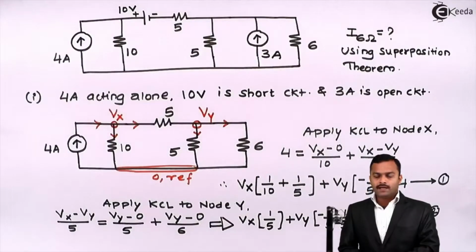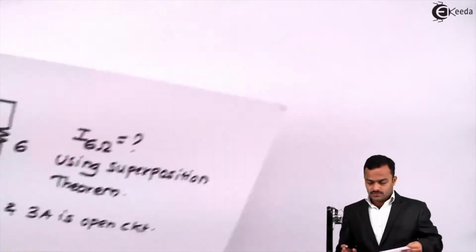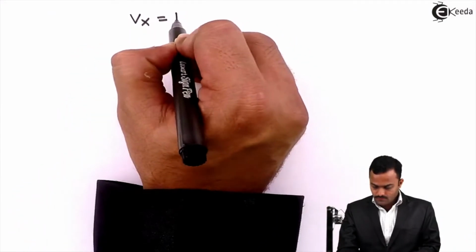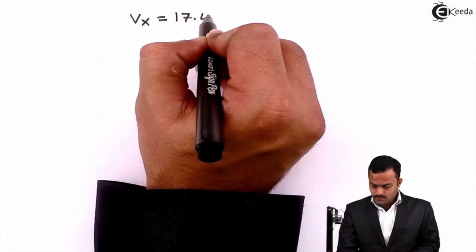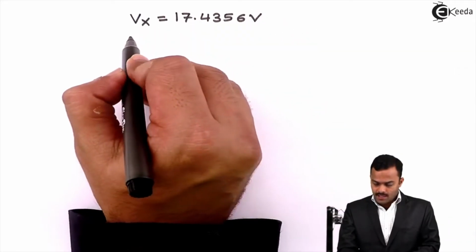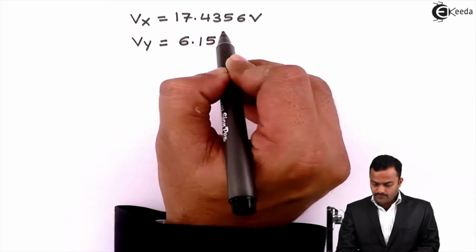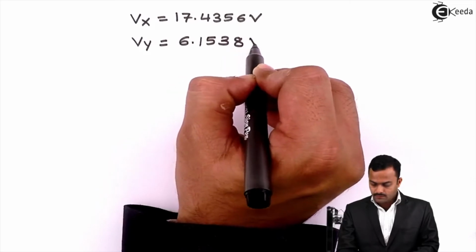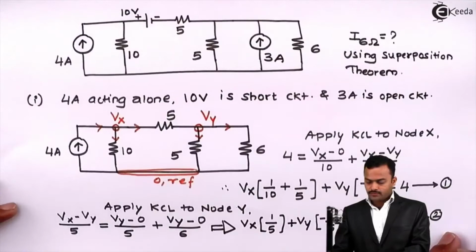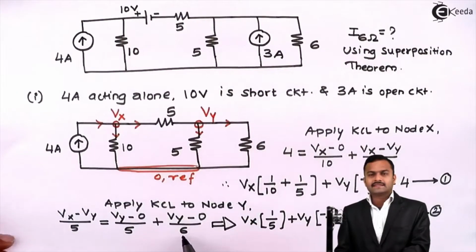Solving equations 1 and 2, we will get Vx and Vy. So Vx equal to 17.4356 volt and Vy equal to 6.1538 volt. We want current flowing through 6 ohm resistance and the equation for this is Vy by 6.